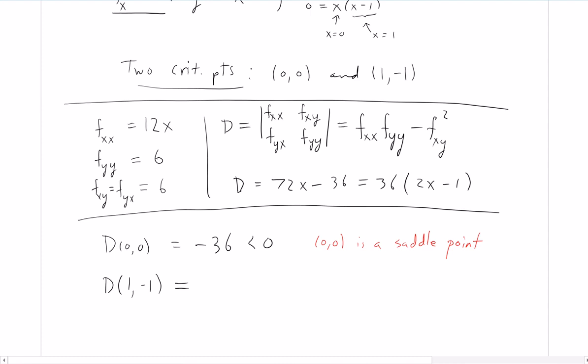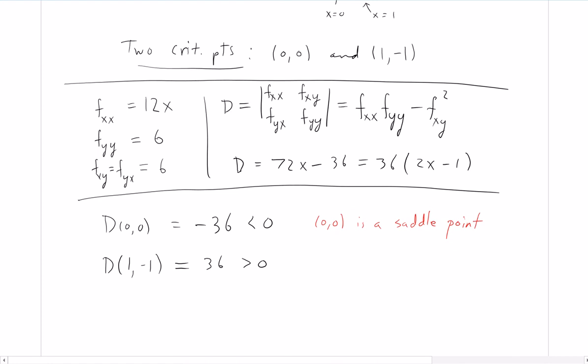If we plug in 1, minus 1, we get positive 36, which is positive. When it's positive, we're not done. When d is positive, this means that it might be a local minimum, it might be a local maximum, but we still have some checking to do.